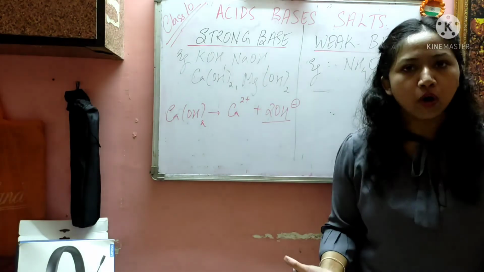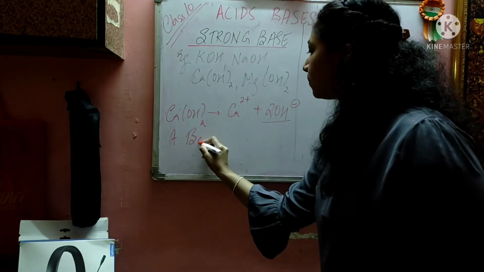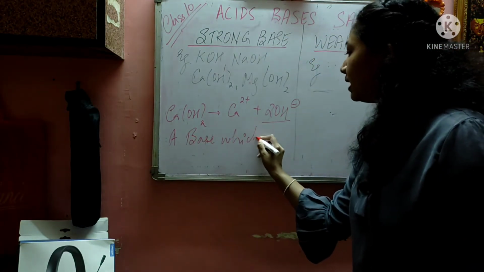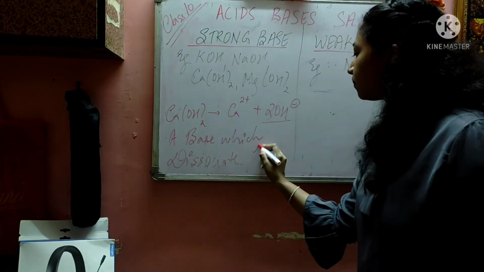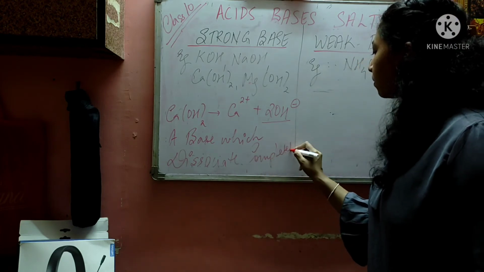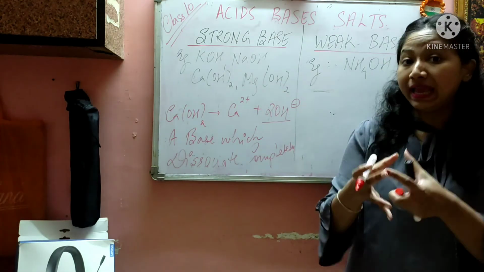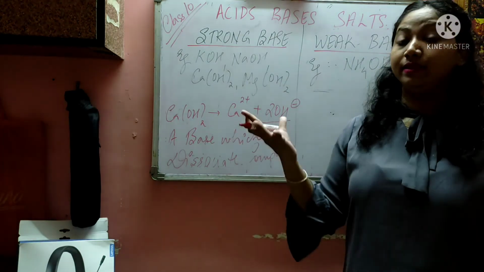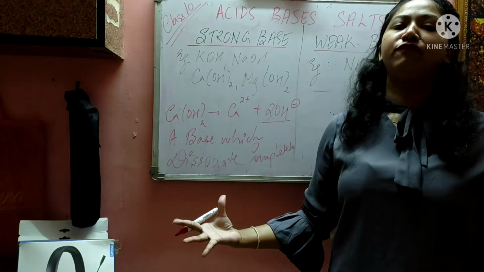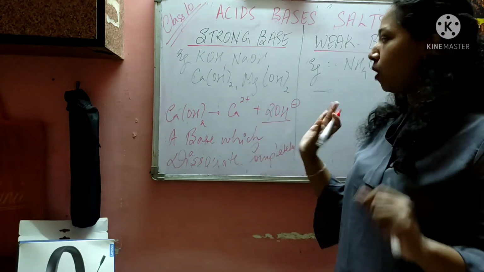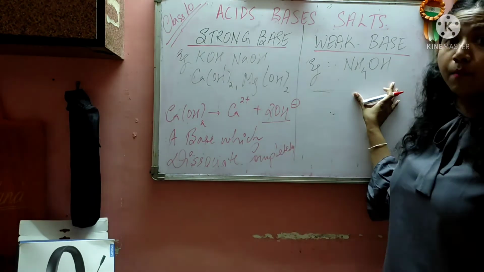So a strong base is a base which dissociates, that is breaks down, completely in water. For example, if you take 50 molecules of calcium hydroxide, all 50 molecules will dissociate and form OH minus ions.